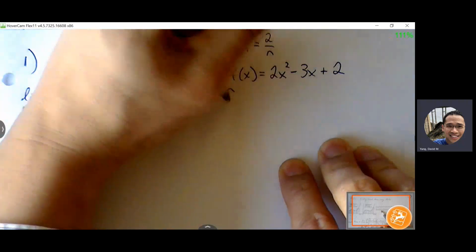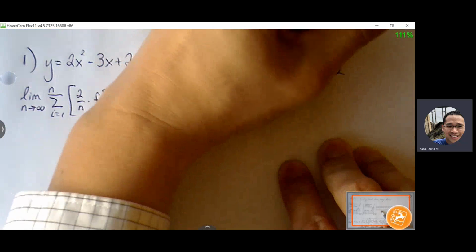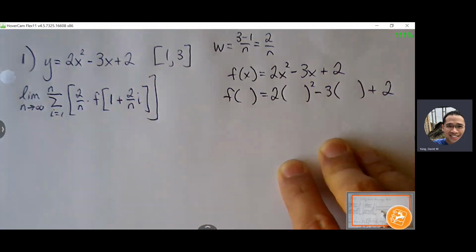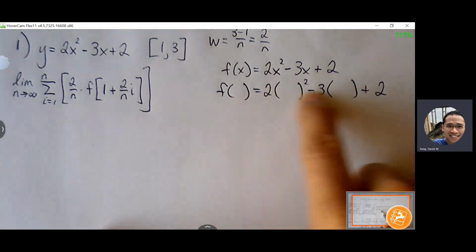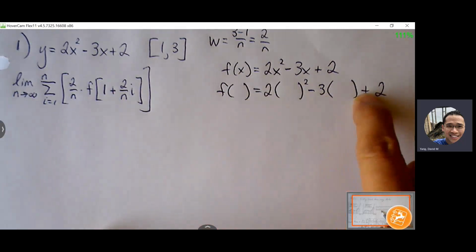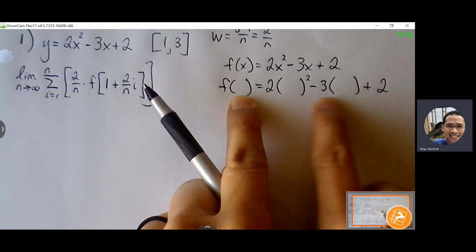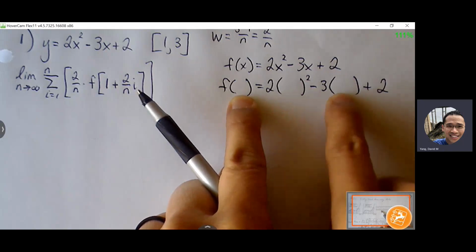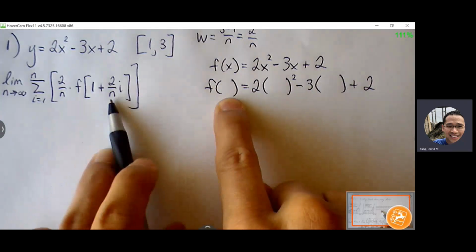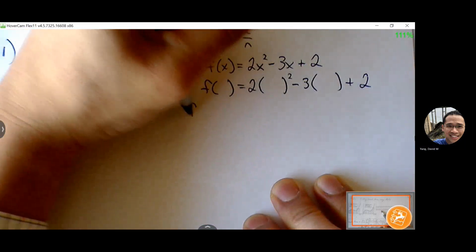All the x's. Yep. If you do that, you're not going to make a mistake because you're going to have very limited places to put that argument. So this is an important step. Now it's very obvious where the argument goes. It's going to go inside all the empty parentheses that you have set in place. So that 1 plus 2 over n i will go in for all those empty spaces.